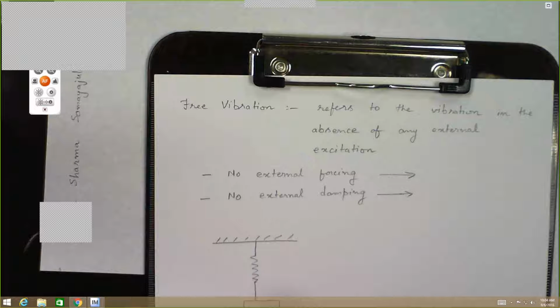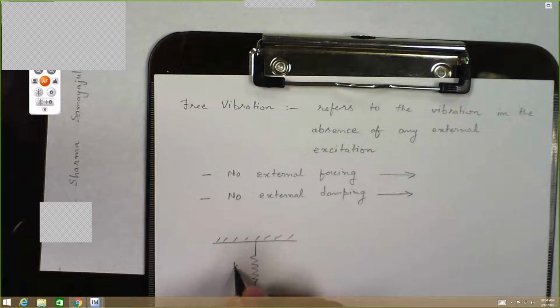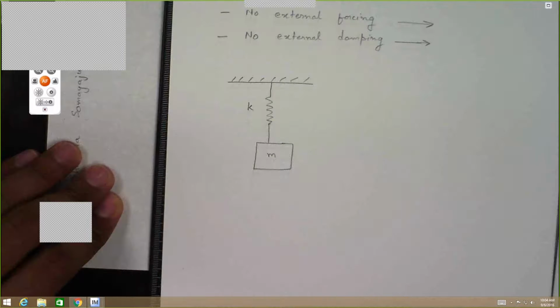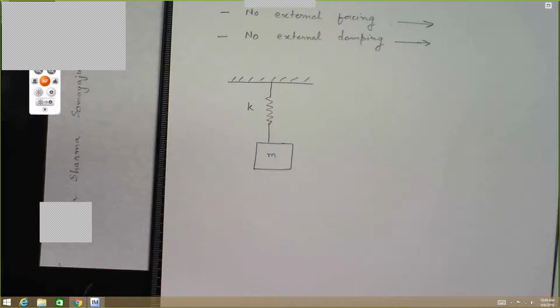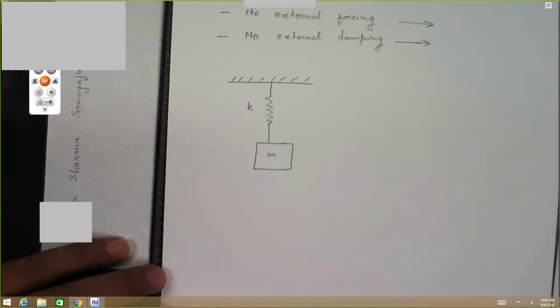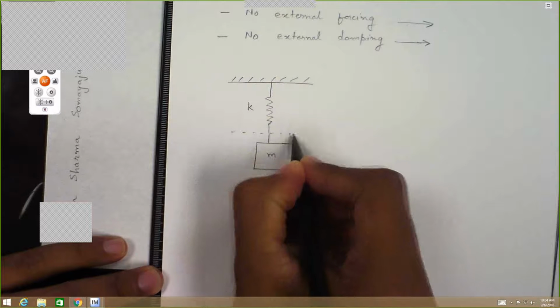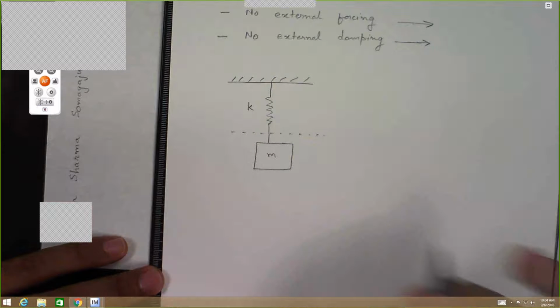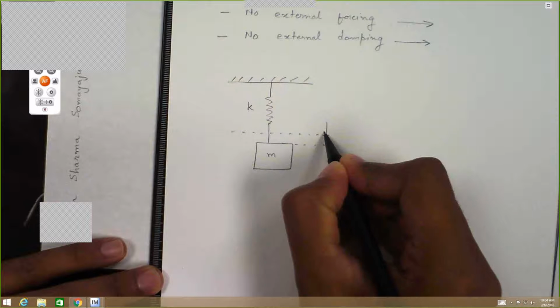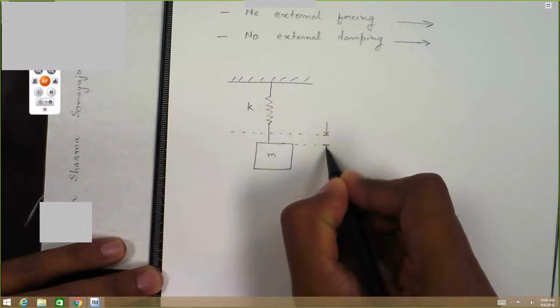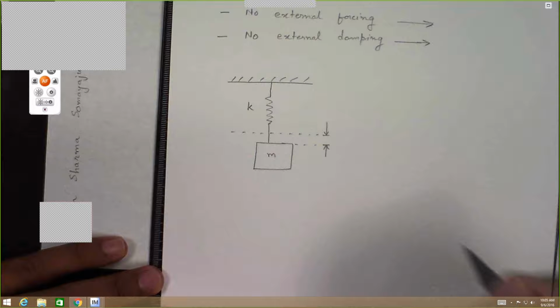So we have a mass M suspended from a spring, as shown here. And let's say the original unstretched length of the spring was up to this level. So this difference you see here is the static extension.